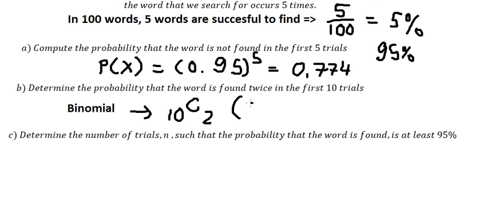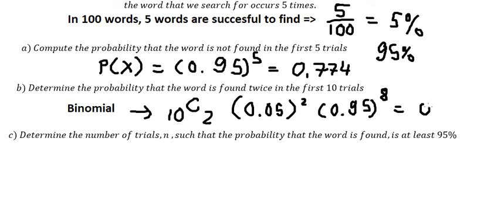That is about 0.05 to the power of number 2, multiplied by unsuccessful, we have 8 unsuccessful in here. That is about 0.95 to the power of 8. So we calculate this one and we have 0.075, and that is the answer for question B.